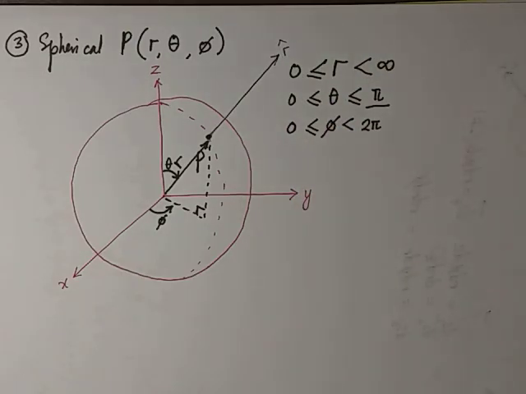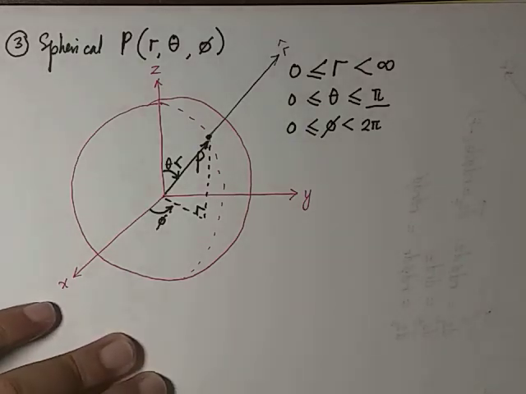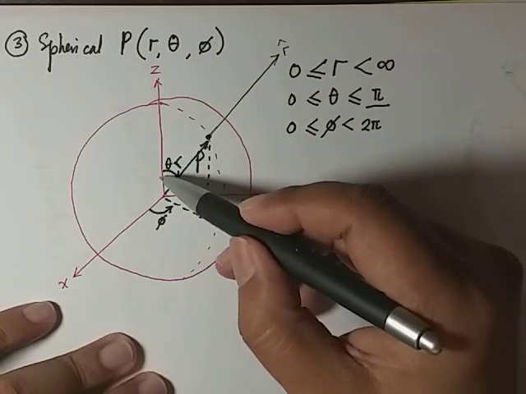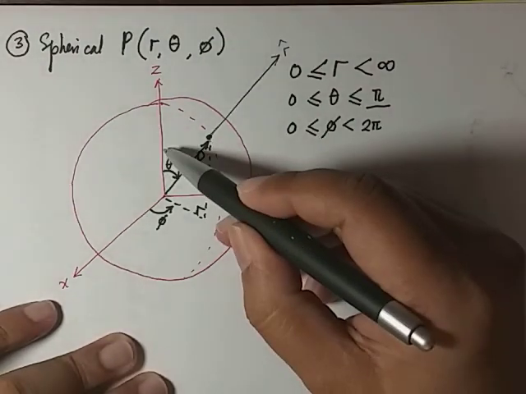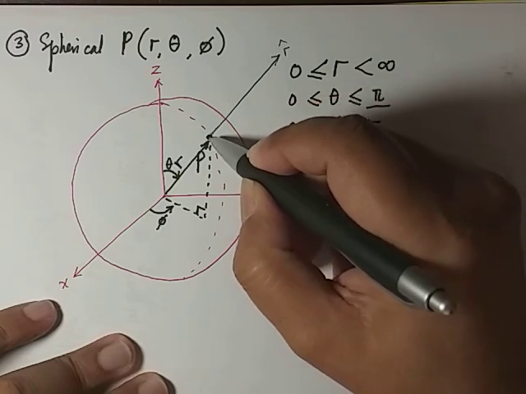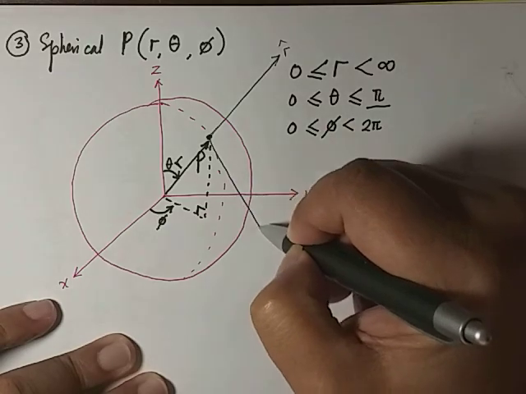Positive r means that the direction is moving away from the origin, whereas negative r means the direction is towards the origin. Okay, the theta now must follow the pattern of the angle theta. The angle theta moves in this direction. So it's a circle now. So the direction of theta must be the tangential direction. What I mean by that is this direction, theta.